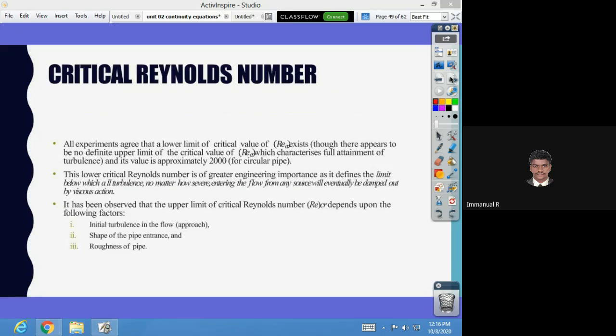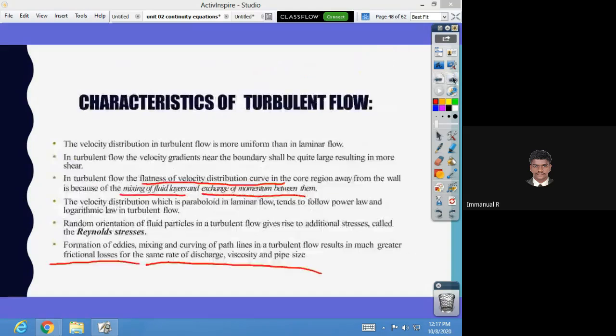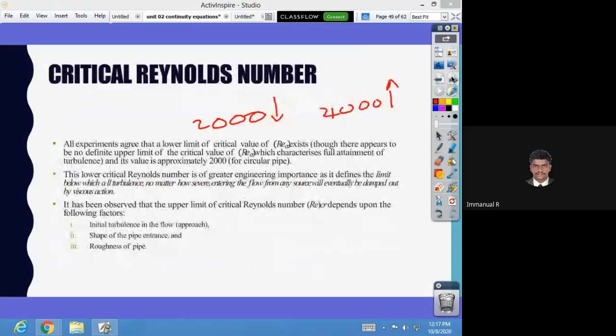For a pipe, less than 2000 means it is laminar flow, and greater than 4000 means it is turbulent flow.